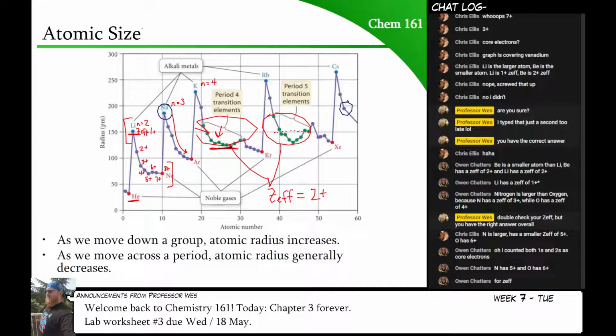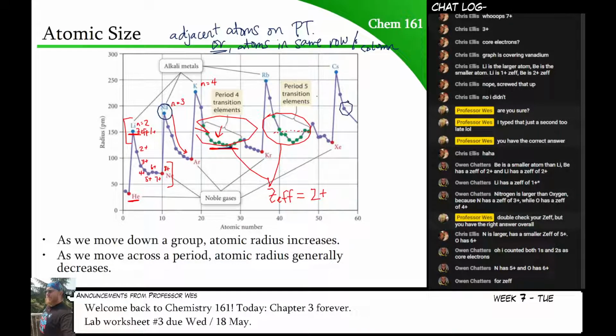So I will only test you on adjacent atoms on the periodic table, or atoms in the same row or column.